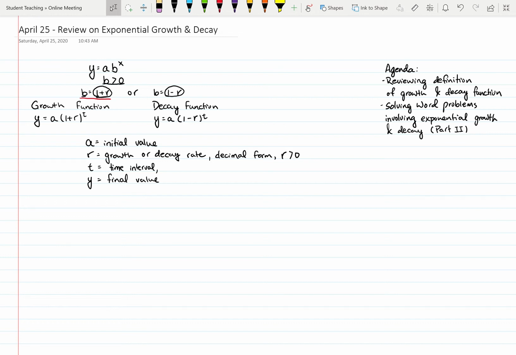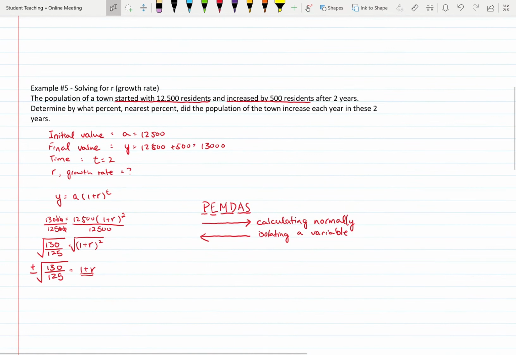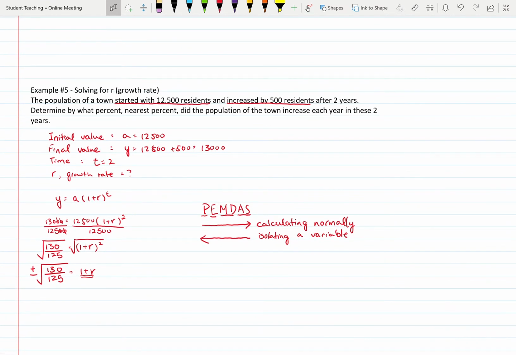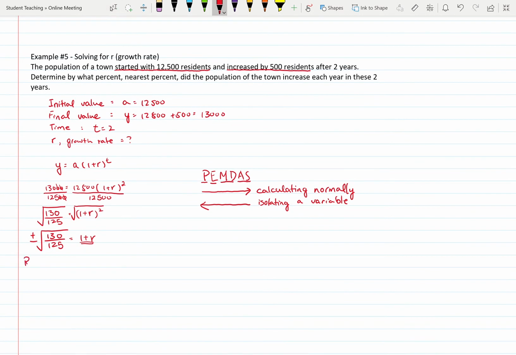You need to reject anything that is less than 0. So we need to reject negative radical 130 over 125. That leaves us with positive radical 130 over 125 equal to 1 plus r.